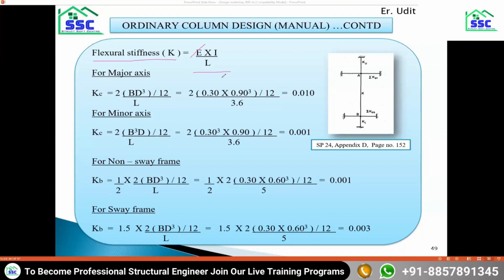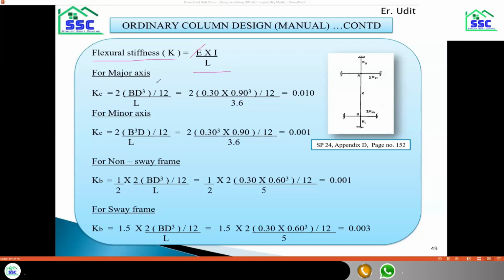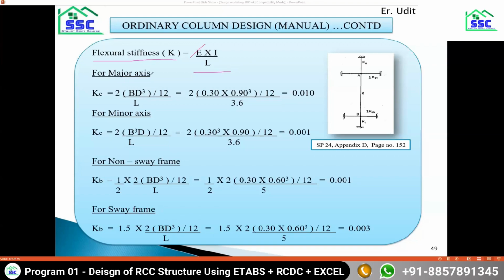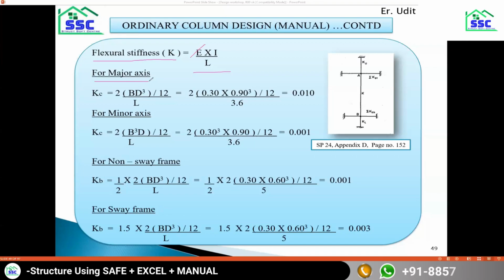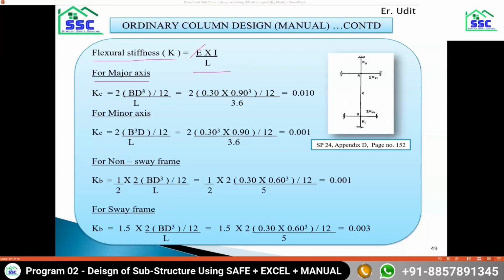So let us calculate the value of K for our columns and our beams, right? When I am calculating the flexural stiffness of my column along the major axis, obviously my formula for I will be BD cube divided by 12.